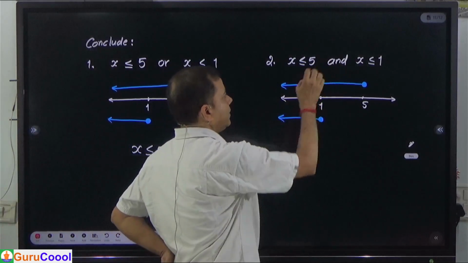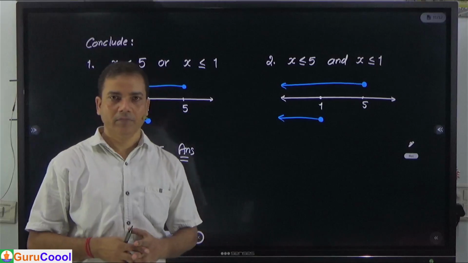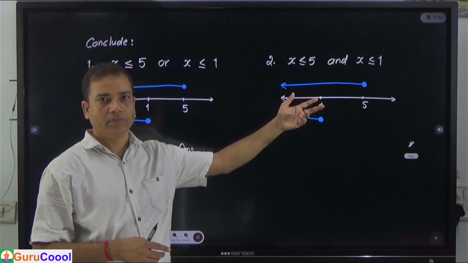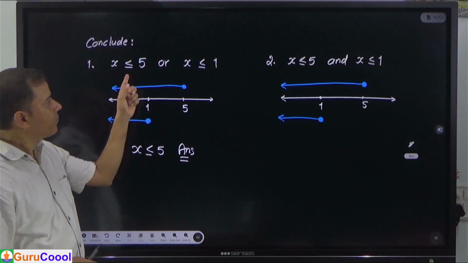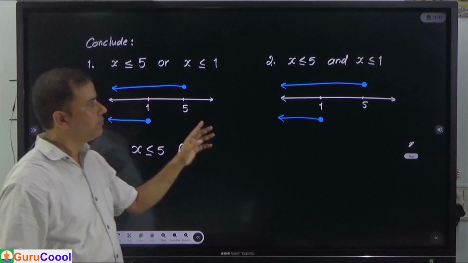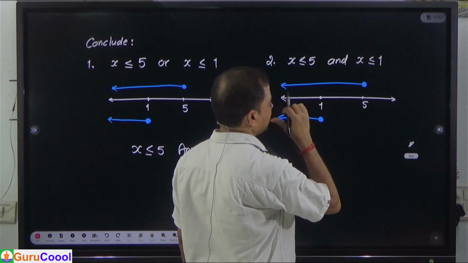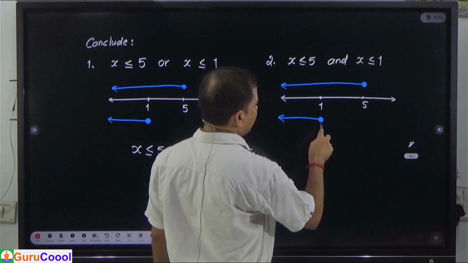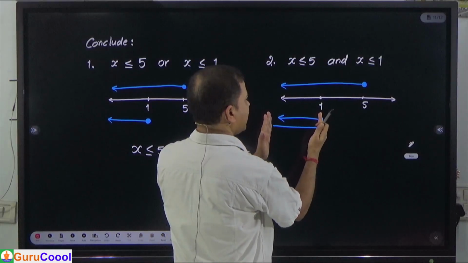Here it is "and". So what should we do? What is the region of the number line which is satisfying both of them, not any one only? Here "and" means we have to choose the smaller region. If we start from 1 and go this way, this is the region which comes in both of them.